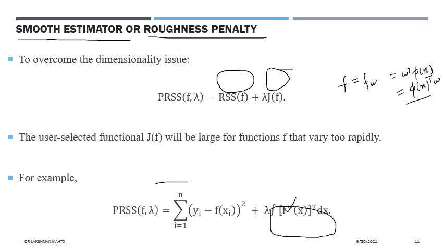Later you will see that we just need to get an explicit form of this. The explicit form of f of xi in the linear form is omega transpose phi of x.